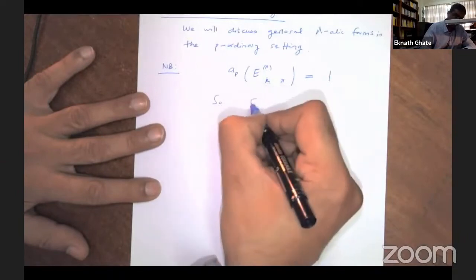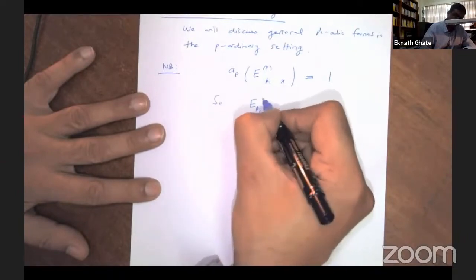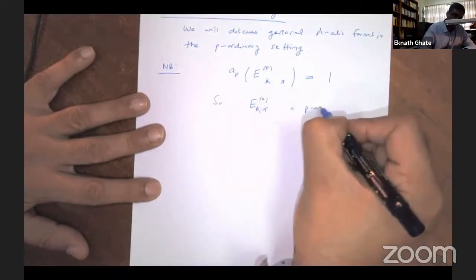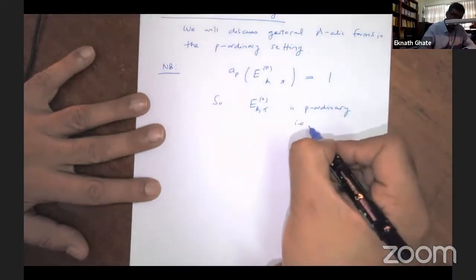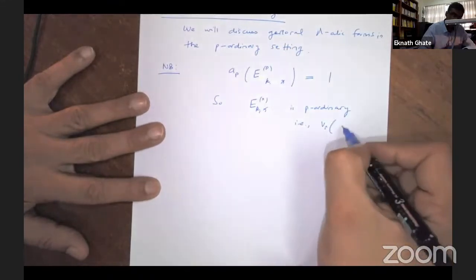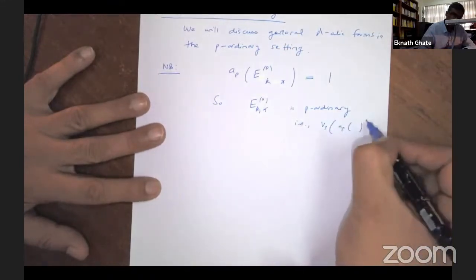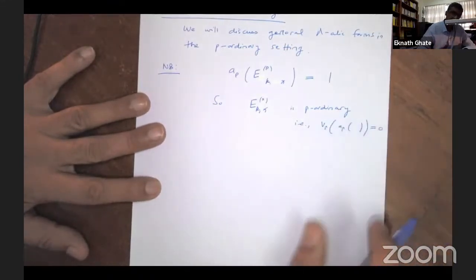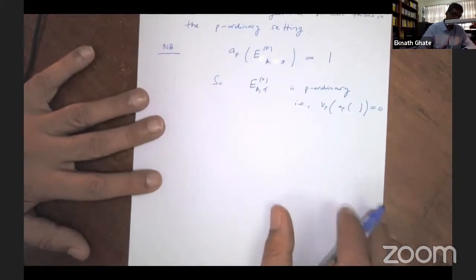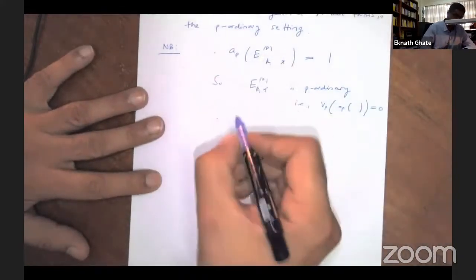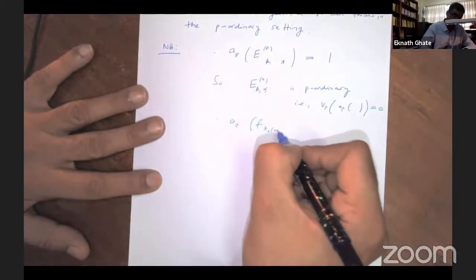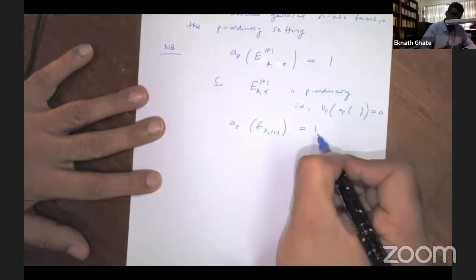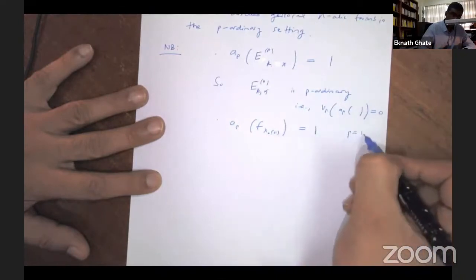So E_{k,chi,p} is p-ordinary in the sense that the p-adic valuation of the pth Fourier coefficient of the form is 0. It's a unit. Similarly for the other modular forms: f of x naught 11, if you remember from yesterday, the 11th Fourier coefficient was 1.